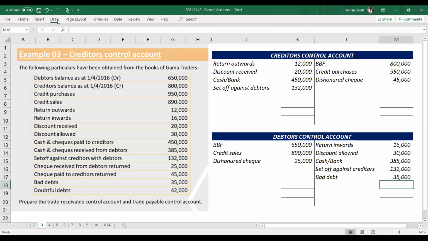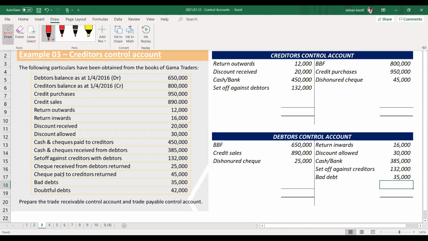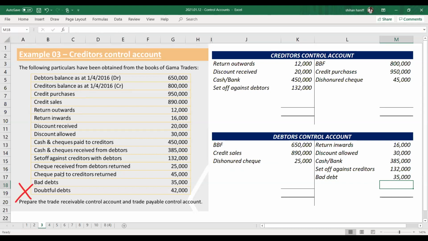No. Double entry is doubtful debt account debit, provision for doubtful debt account credit. So doubtful debt won't come to the control account. So that's all we have.